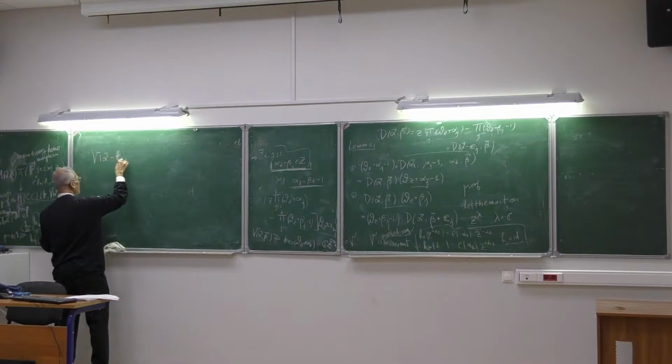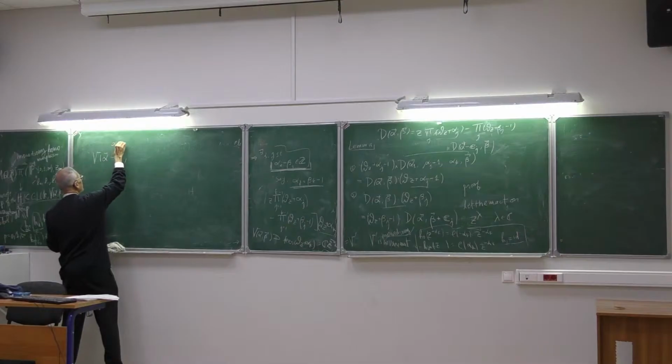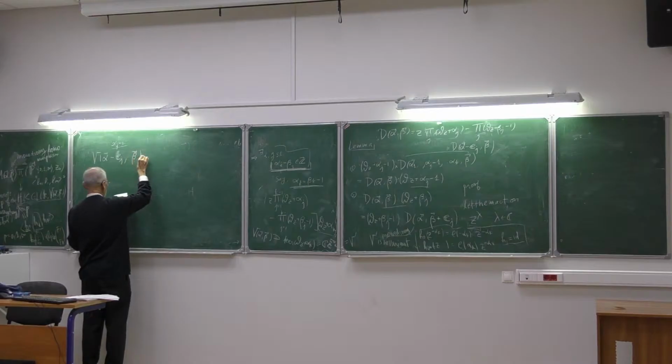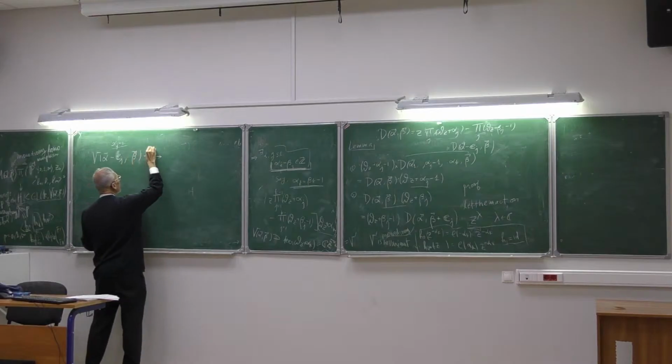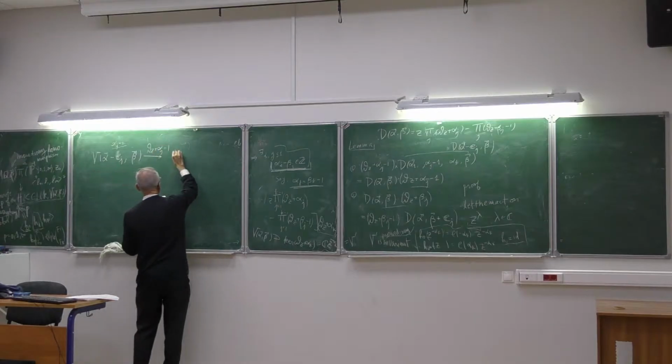So only the j's. That is alpha j minus 1 instead of alpha j. Then after the action of the operator, it will change into V alpha beta.